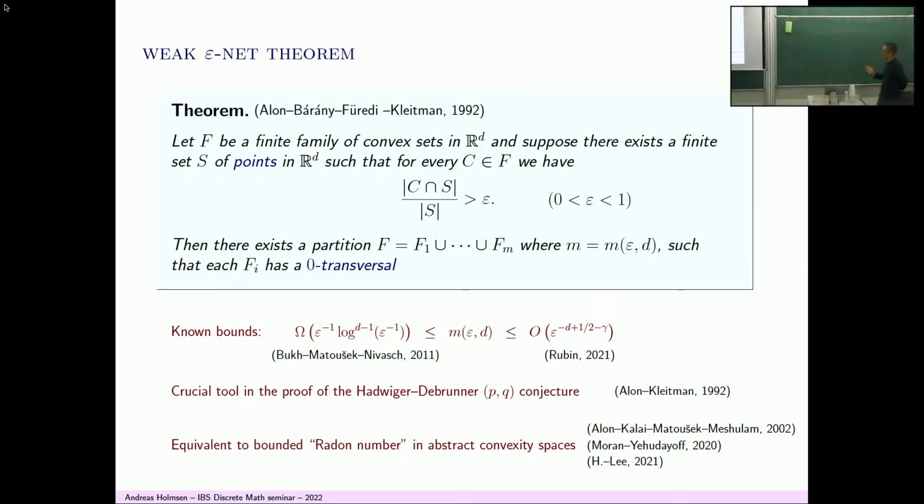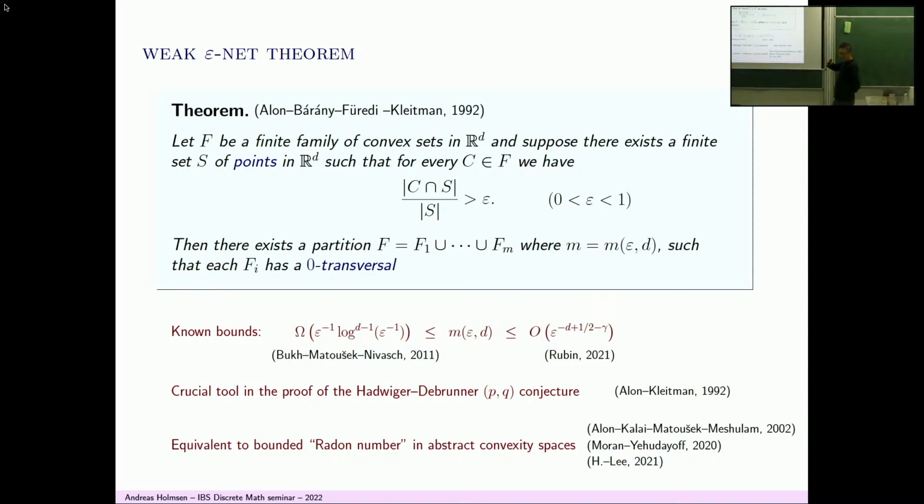I think I mentioned that last time I was here a year ago. So anyway, that's the weak epsilon theorem, and it's still one of the most important results about intersection patterns of convex sets. And we will come back to this later on.